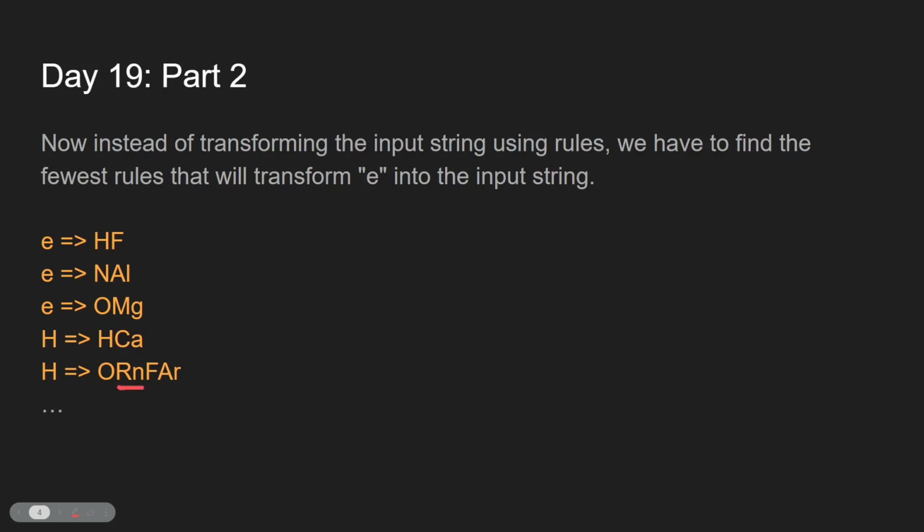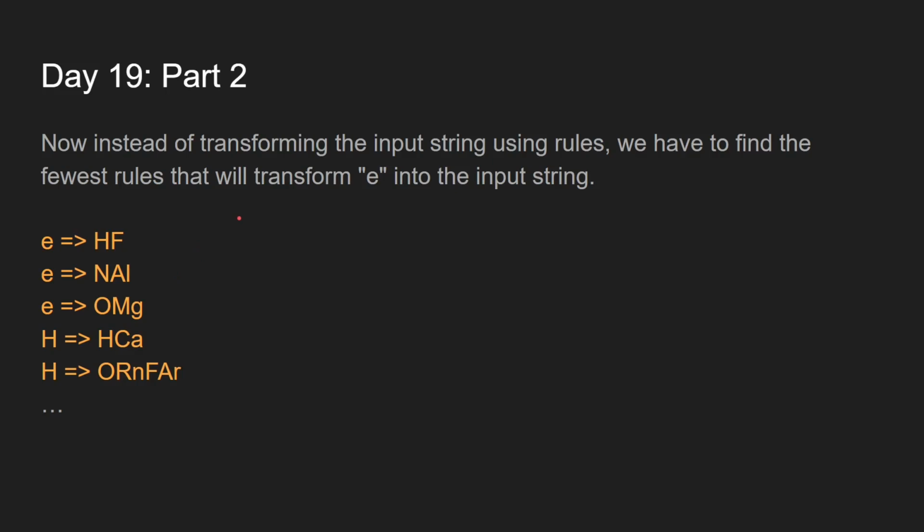I just care about how I can match these. So I call these tokens. So Rn is one single token, and Ar is another token. Okay, so I parsed the rules, and then I split the left-hand side and the right-hand side into tokens. The left-hand side is always one single token, and the right-hand side is at least 2 tokens.